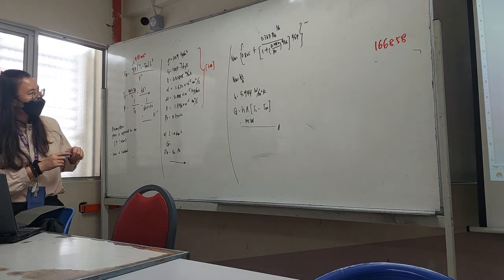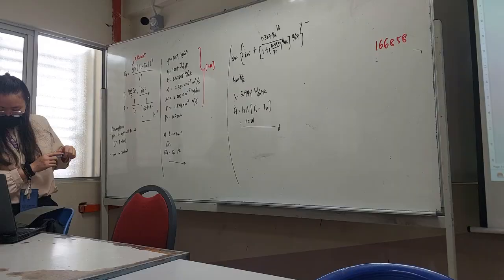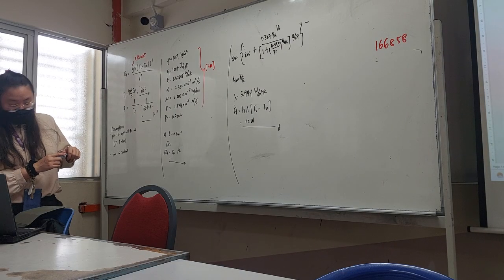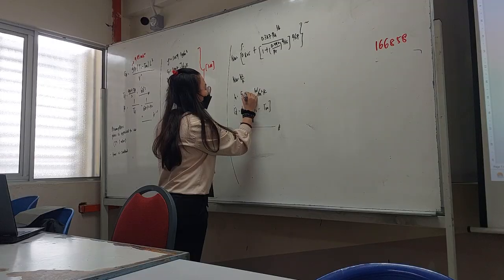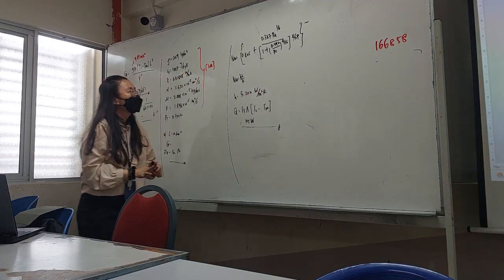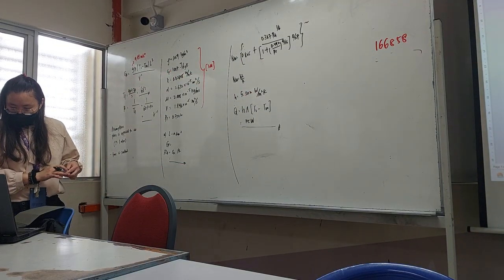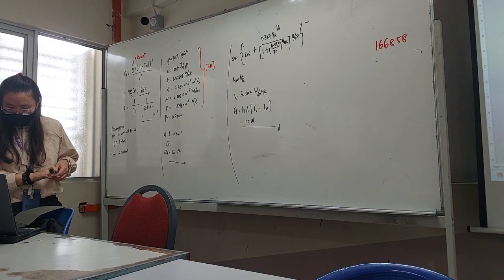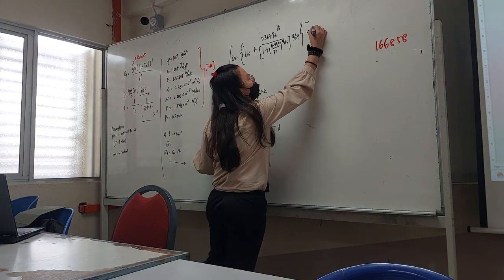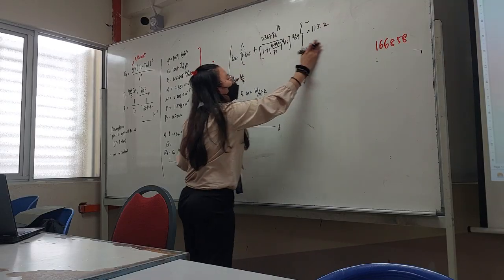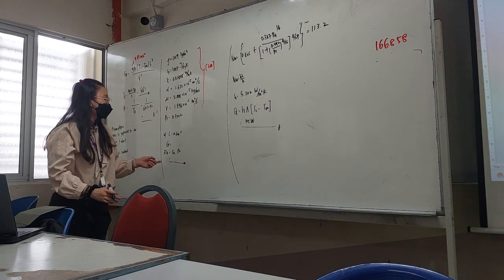This one is 5.302. The Nusselt number you get is 113.2. Nusselt number, Rayleigh number, no unit.